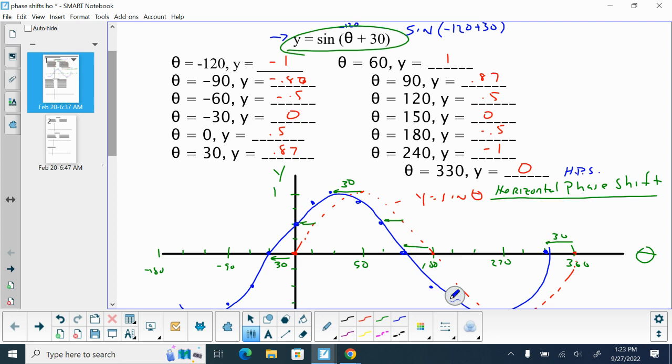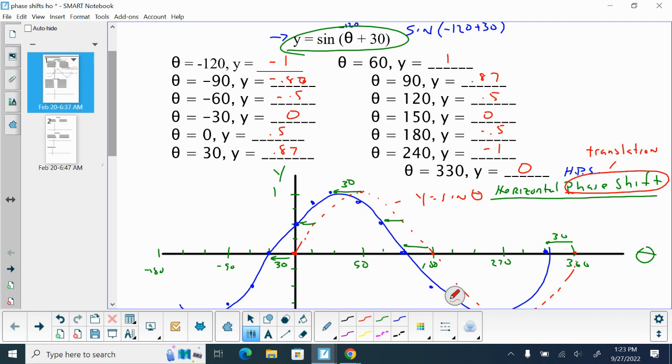Now, when you're in algebra, and we've talked about sliding of the graph in the horizontal, what we call this in the algebraic world is a translation. We had what was called a horizontal translation.